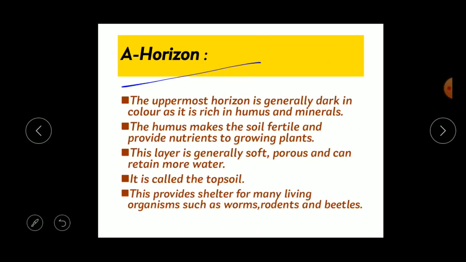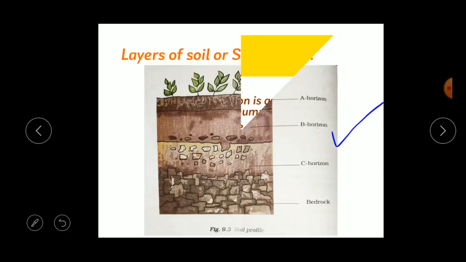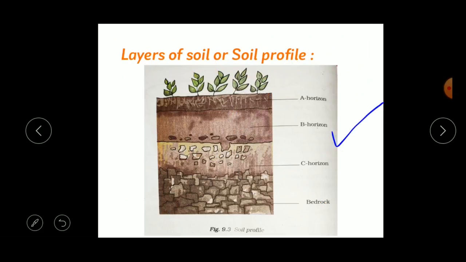The uppermost horizon is generally dark in color as it is rich in humus and minerals. So this A horizon is the uppermost horizon and it is dark in color because it is rich in humus. What is the meaning of humus?